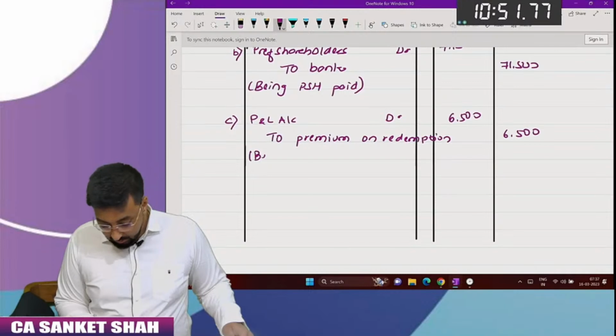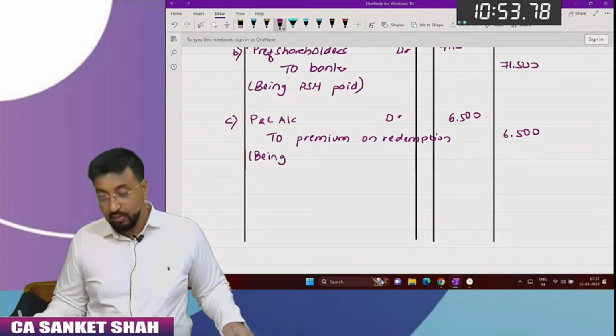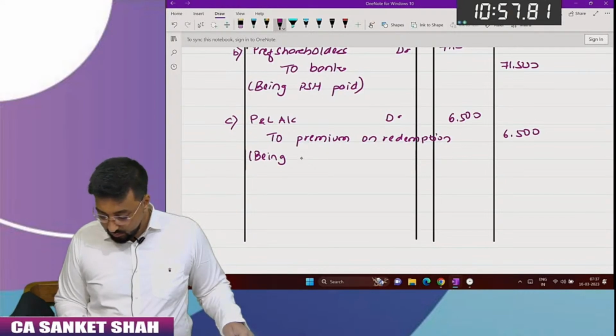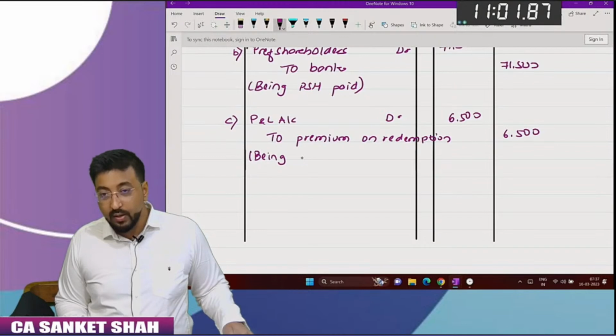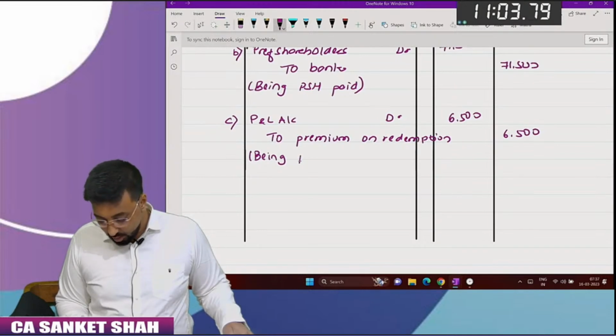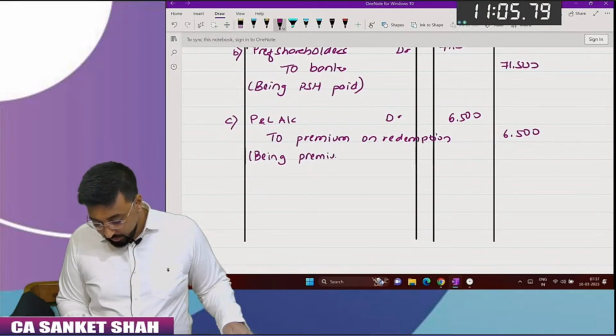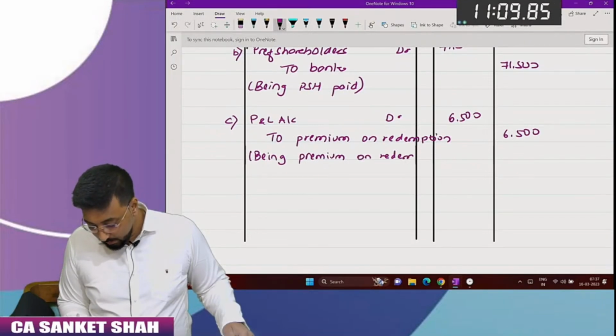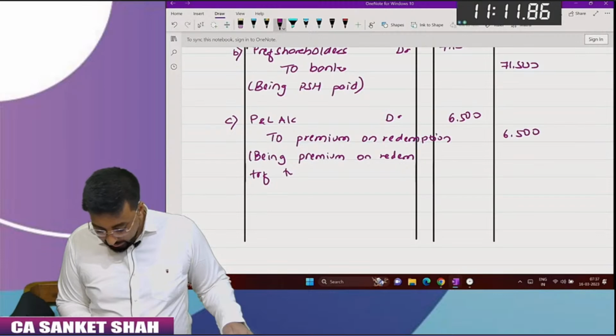Being premium on redemption cancelled or transferred to P&L.